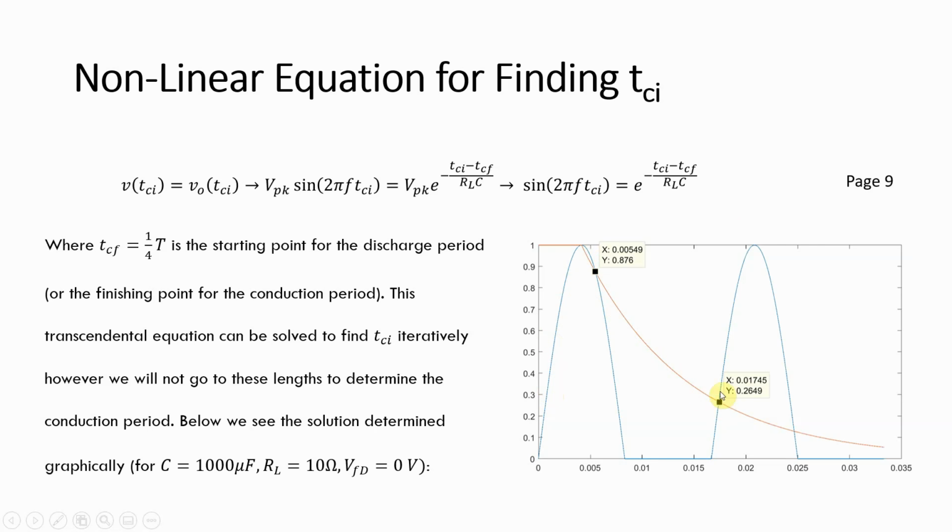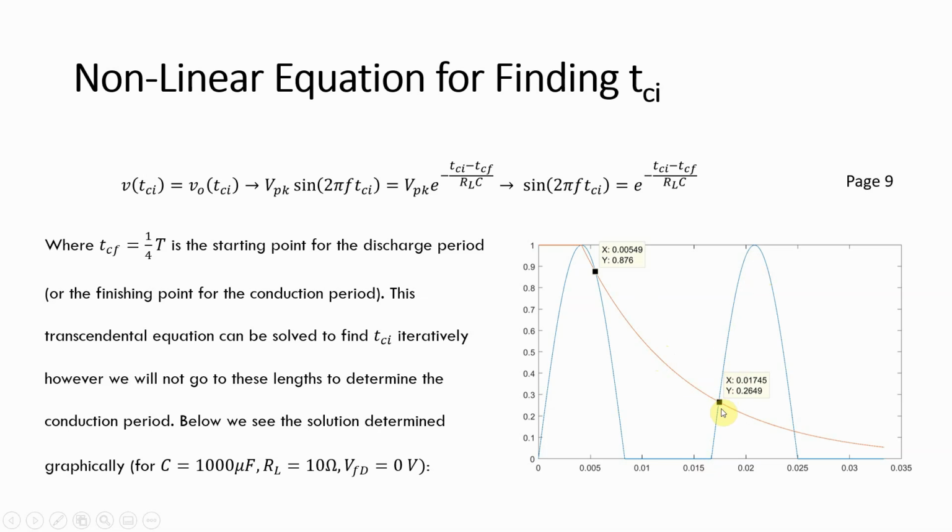Charging and discharging, and then again charging, discharging. And we want to find the intersection between this waveform, this plot, and this one. This one is an exponential function, and this one is a sinusoidal.